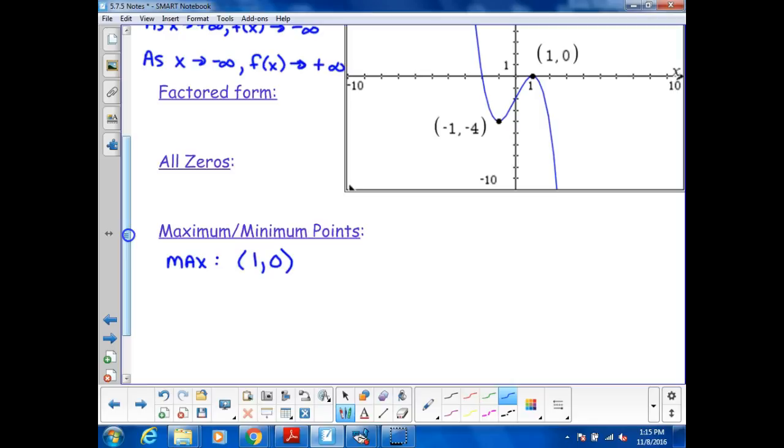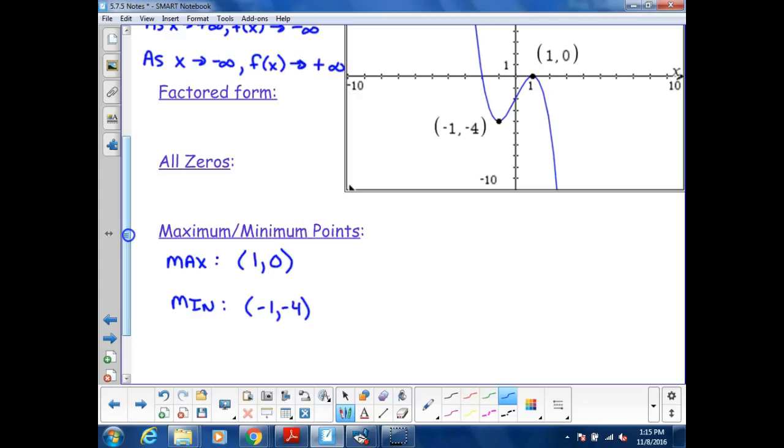No, not the tallest point or the highest point on the graph. Do I have a minimum? -1, -4. Is it an absolute minimum? No, because it's an odd degree. Odd degrees don't have absolutes.